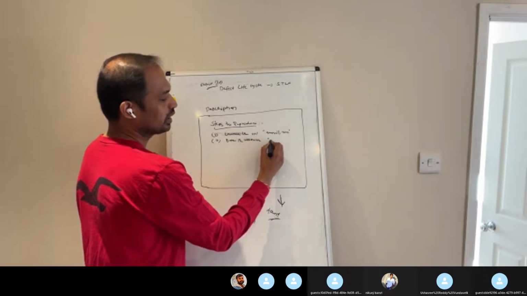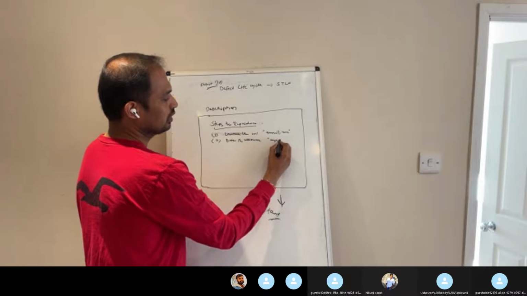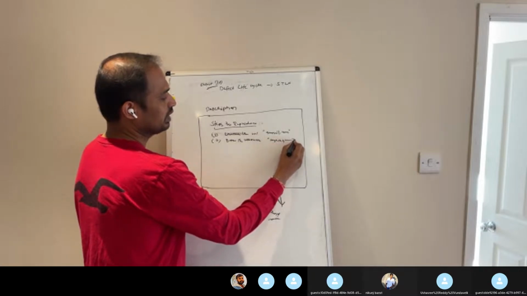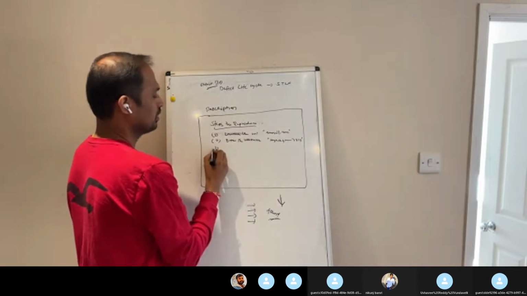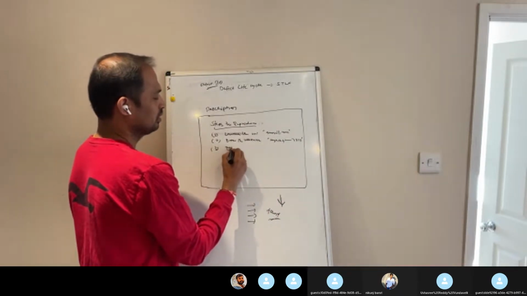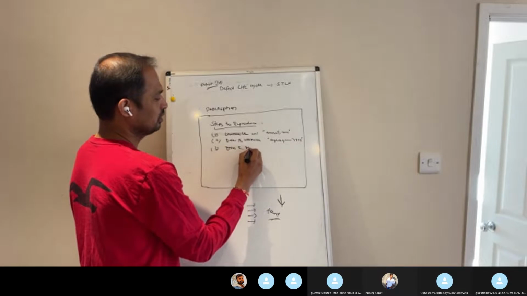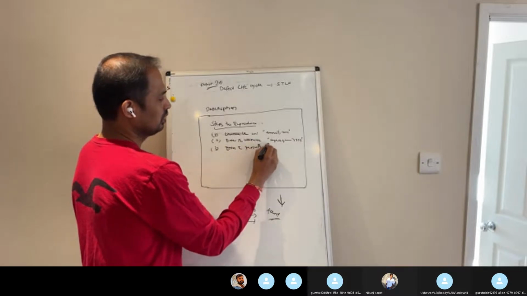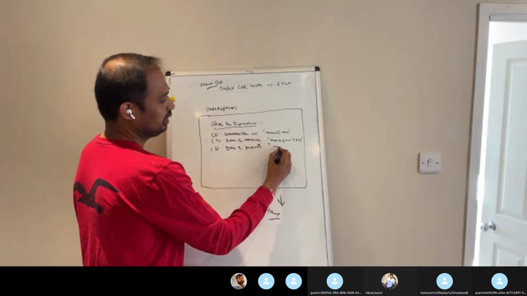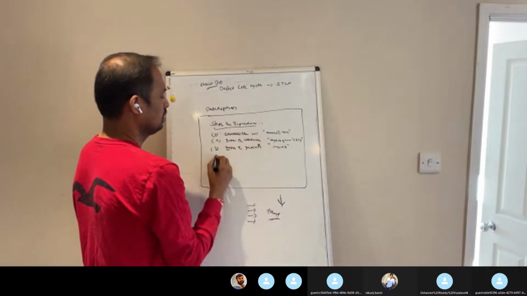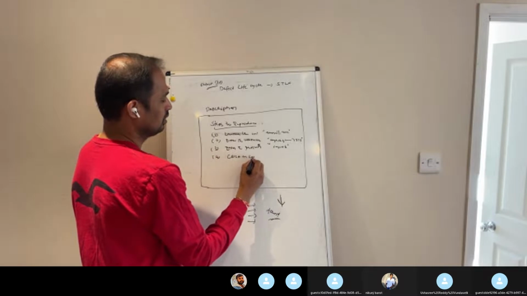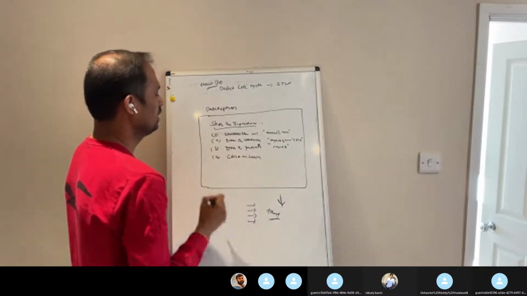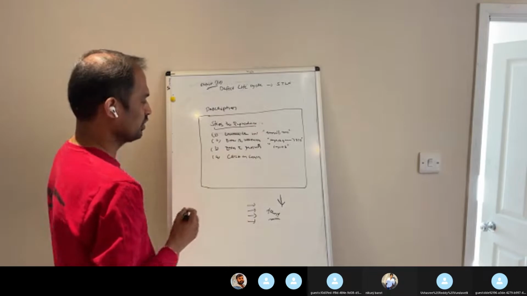We need to give the username, suppose Raja 1 2 3 4 5 6 7 8 9 10 11 12 13. Third, enter the password, Raja 123. Fourth, click on login. Okay, these are the steps to reproduce.